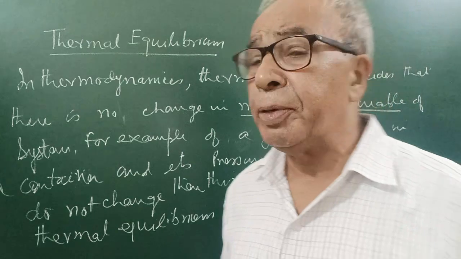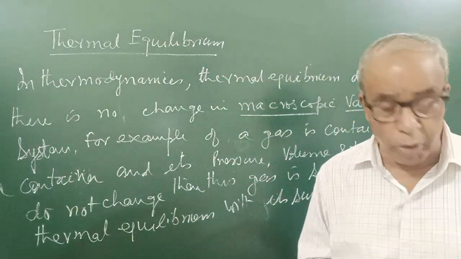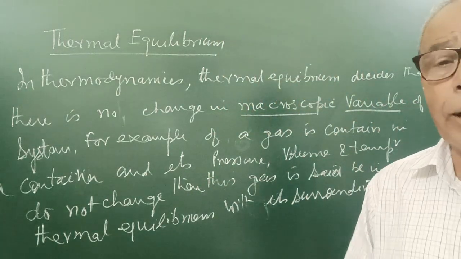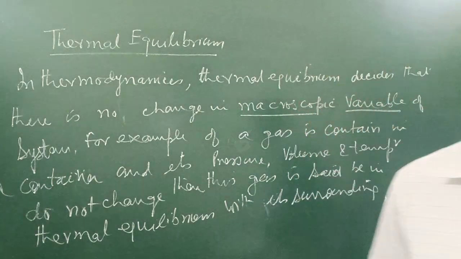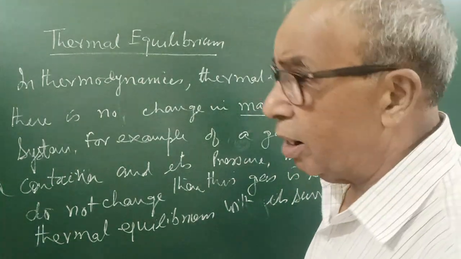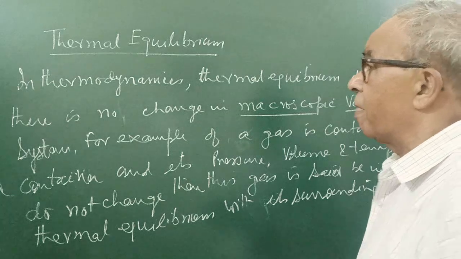For more clarification, you can read the NCERT book or any other book. Actually, I have read two books, but I found it more clearly written in the NCERT book.